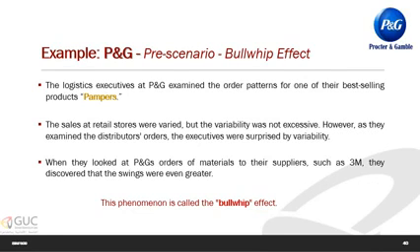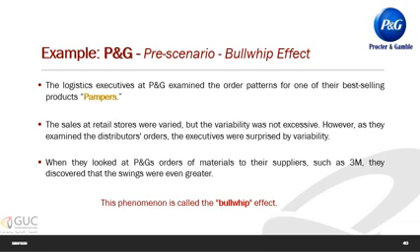Now we will discuss an example of P&G, and the pre-scenario contains the bullwhip effect. The concept appeared when the logistics executives of P&G examined the order patterns for one of their best-selling products, Pampers. Its sales at retail stores were varied, but that variation was not extreme.